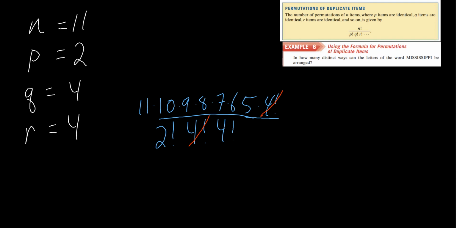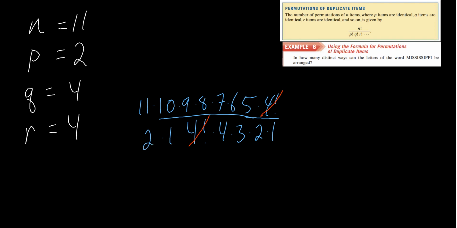And so we can now do the arithmetic here, right? Assuming you don't have the factorial button on your calculator, let's rewrite 4 factorial here as 4 times 3 times 2 times 1. And let's rewrite this 2 in the front as 2 times 1.